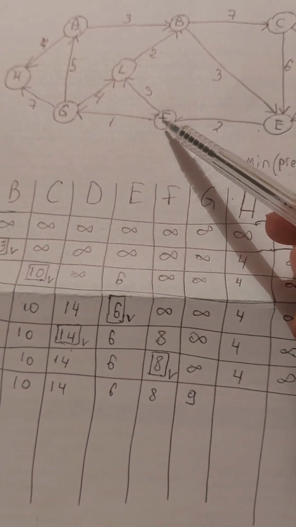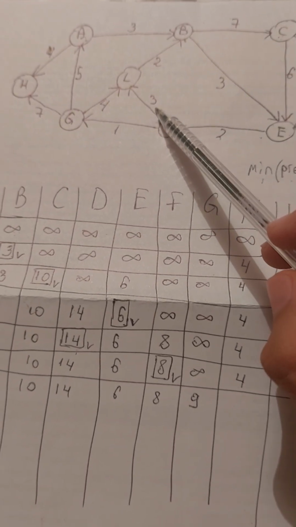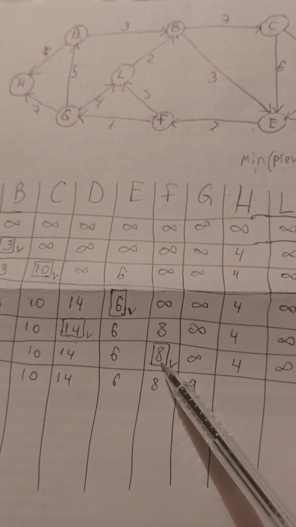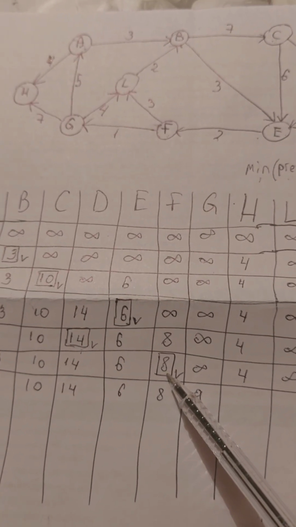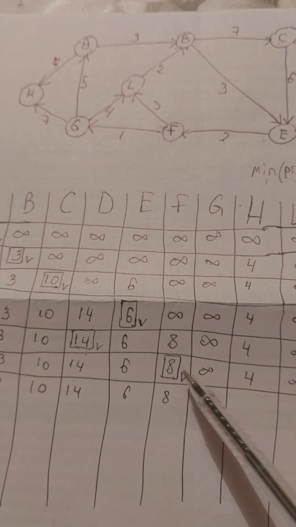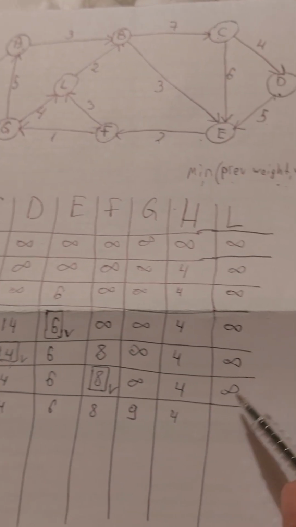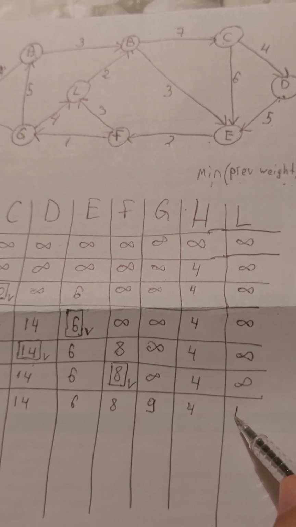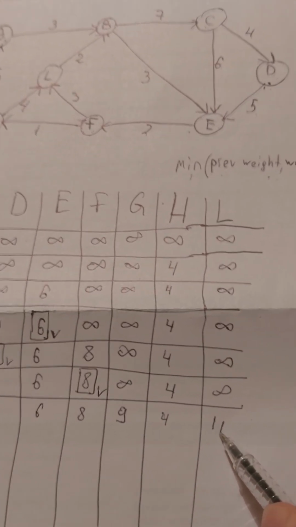Okay, next one, from F to L the weight is 3, the previous one is 8. 8 plus 3 is 11. 11 is less than infinite, so here we write 11.